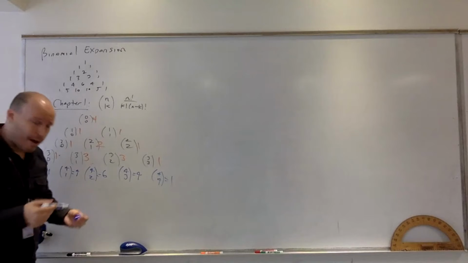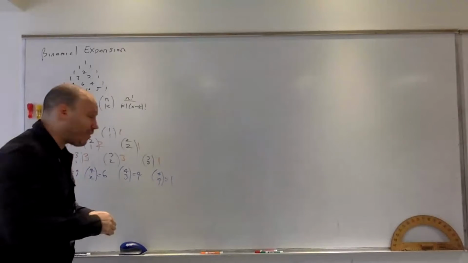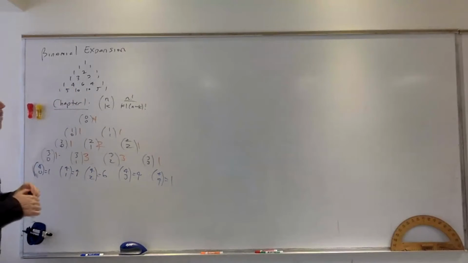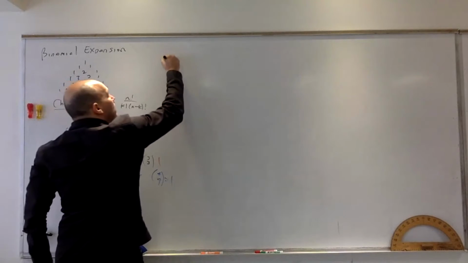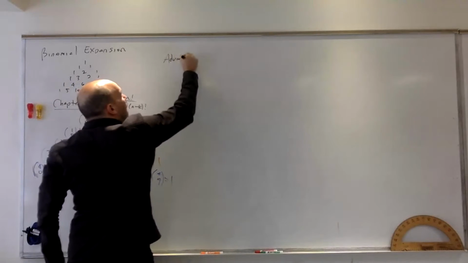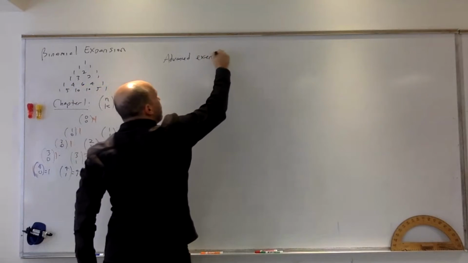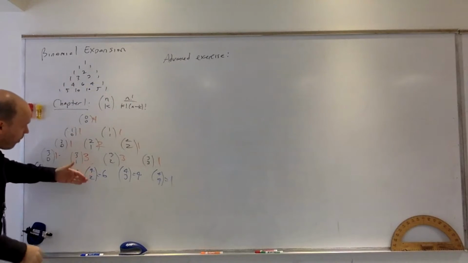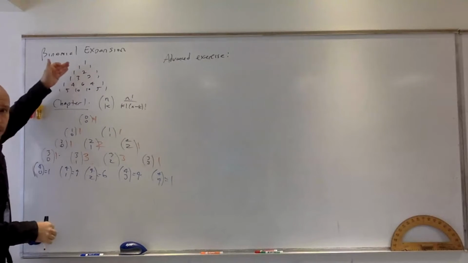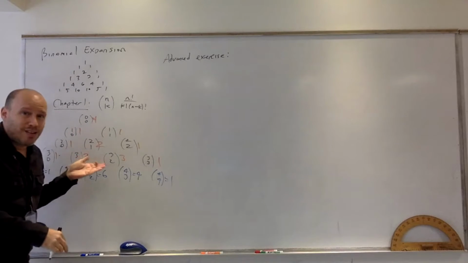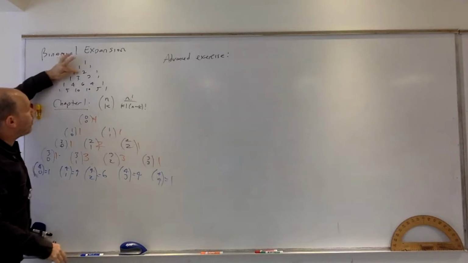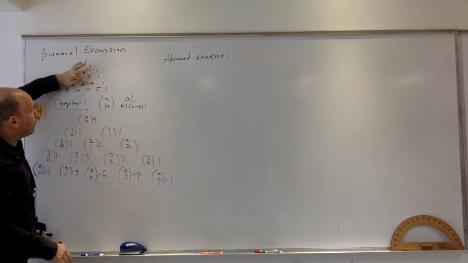While we're here with Pascal's triangle, here's an advanced exercise. What we see in Pascal's triangle, whether the entries are the pathways in a grid or the solutions to combinations, is this pattern: 1 plus 2 is 3, 3 plus 3 is 6, 6 plus 4 is 10.